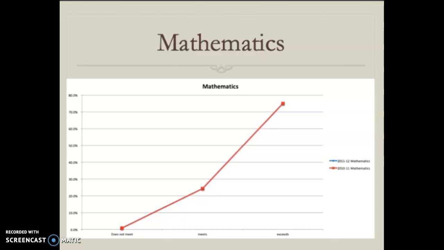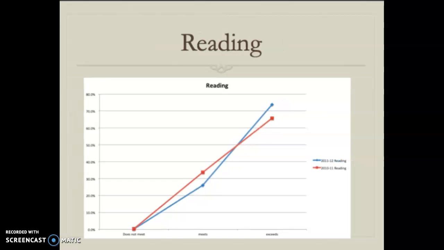And this tells us that the math stayed the same. There was no decrease and there was no increase. So it's still kind of good. There was no decrease, but as teachers, we are always interested to see an increase in students' results.